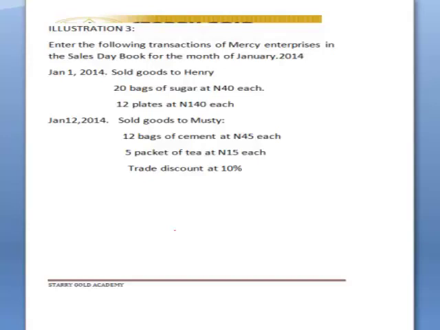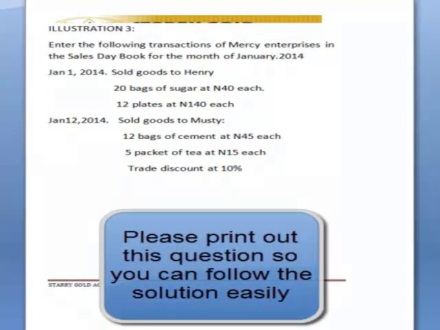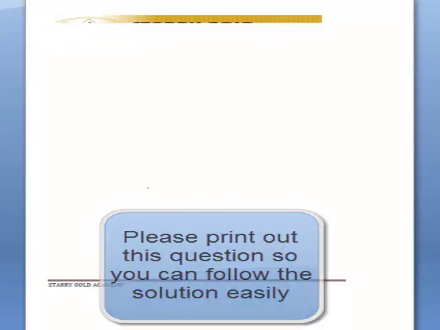And January 12, 2014, sold goods to Musti, 12 bags of cement at 45 naira each, 5 packets of tea at 15 naira each, and presented with a trade discount of 10%. The trade discount of 10% is for Musti, whereas Mercy Enterprise is not having any form of discount available to it.